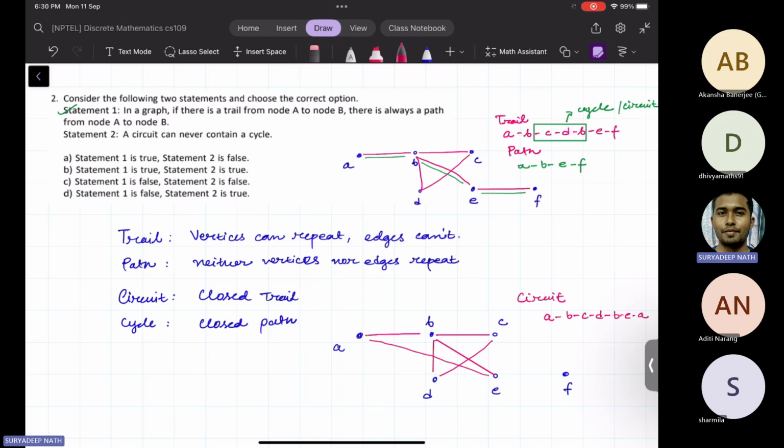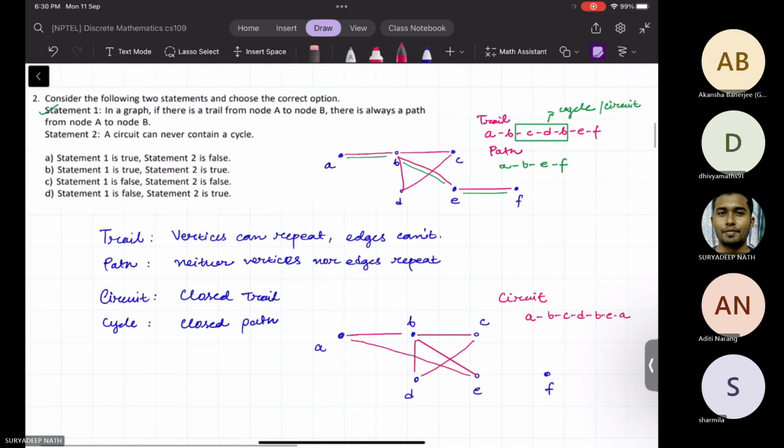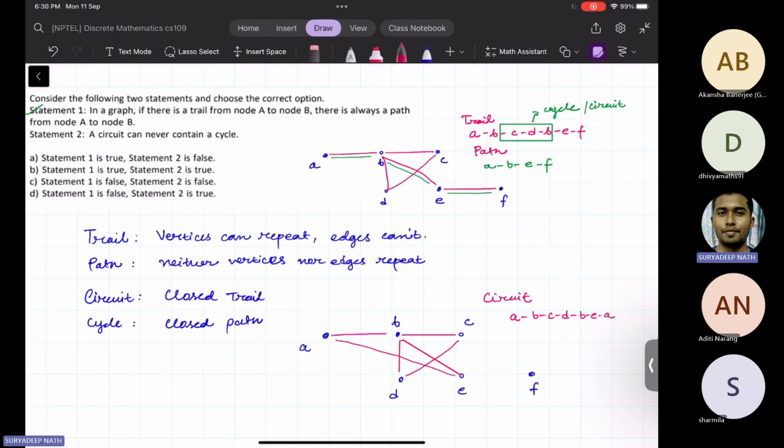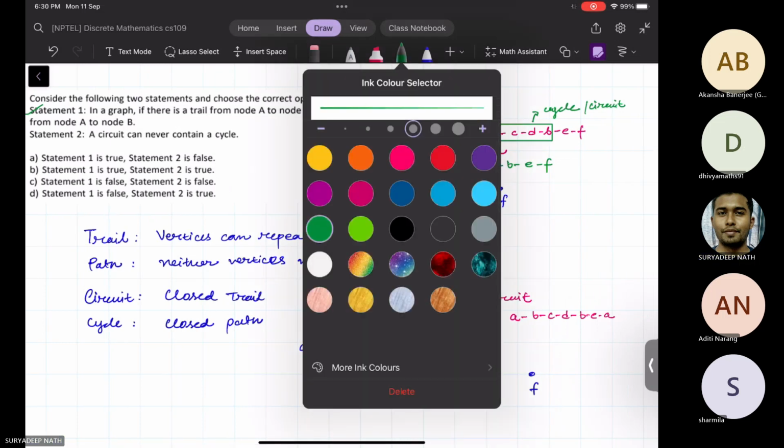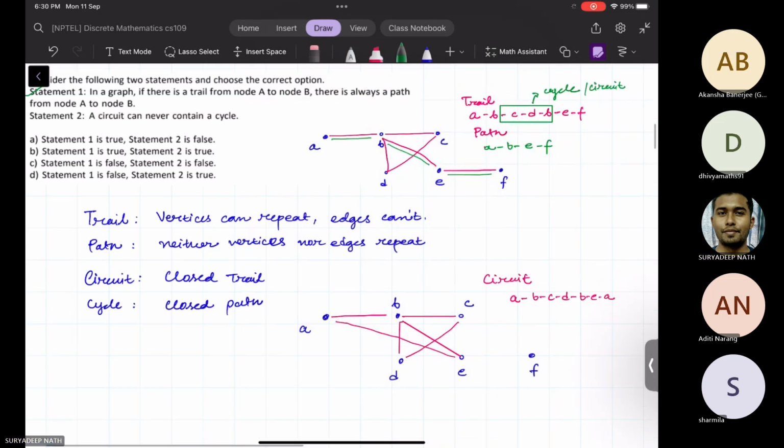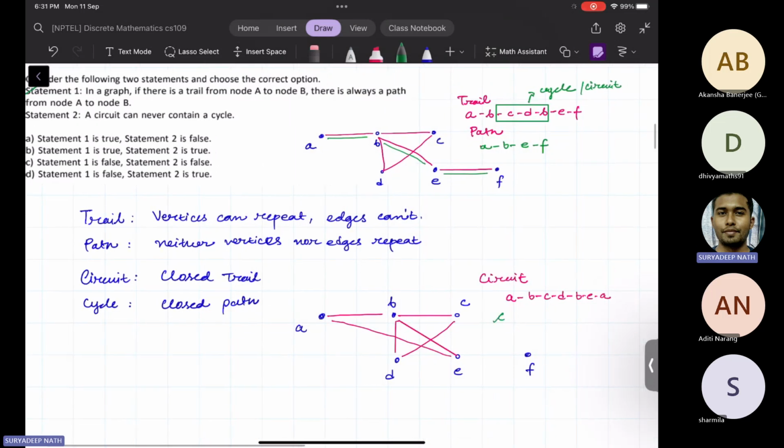Now does this contain a cycle? Can you observe a cycle in this circuit? Is it present or not?